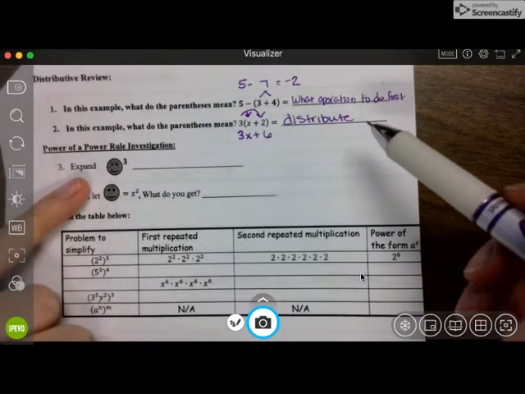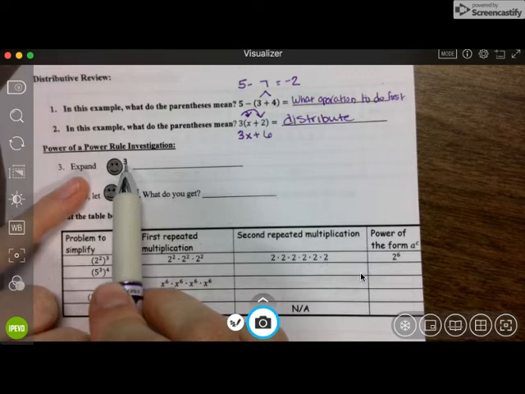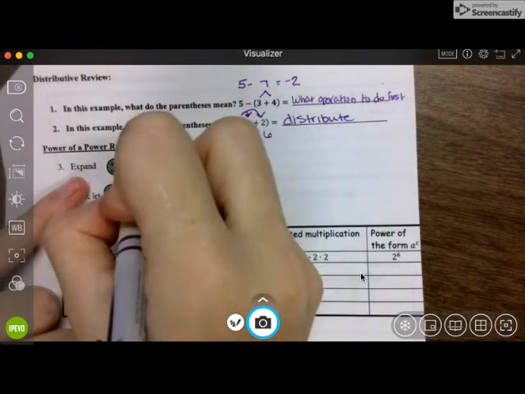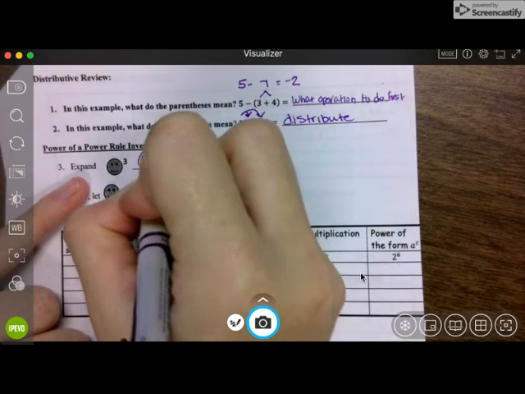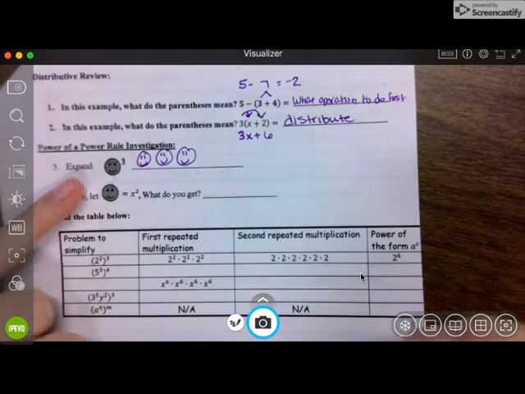So it says, expand smiley face to the third power. So what would that mean? 3 smiley faces. 1, 2, 3.